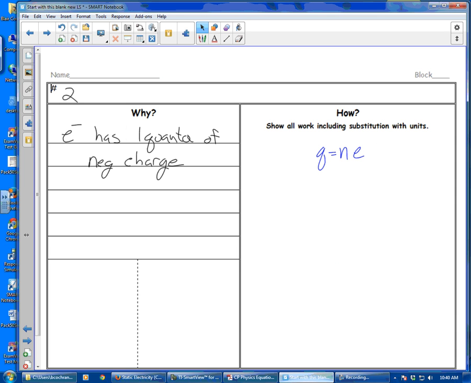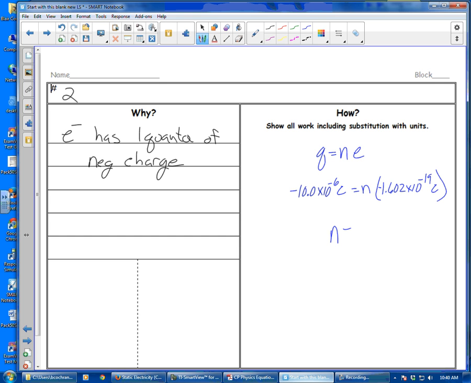So now we just do a little substitution. Mine was negative 10.0 times 10 to the minus 6 coulombs, converting that microcoulombs to coulombs, equals N times negative, because an electron carries a negative quanta, 1.602 times 10 to the minus 19 coulombs.